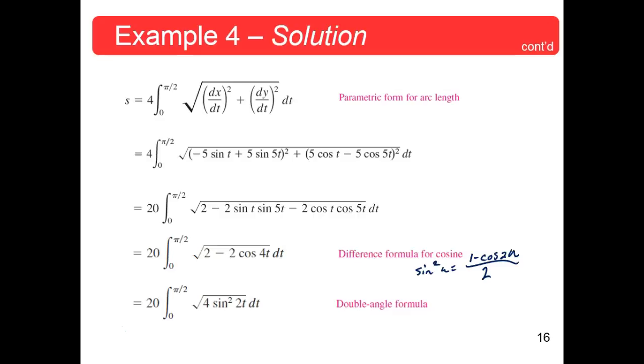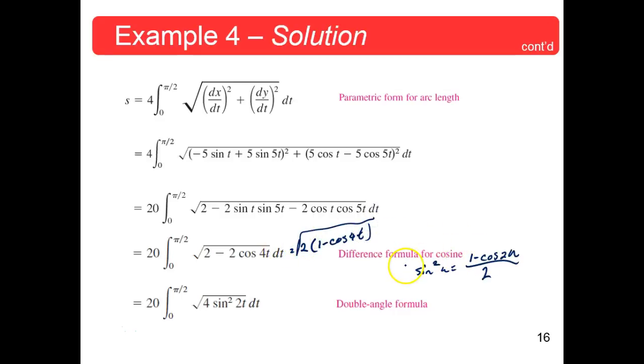Well, no, it's not really. Well, it helps. What we have is a 2 minus cosine 2u, which, let's call what's in the radical there, 2 times 1 minus cosine 4t. Right? That's what's in the radical there.